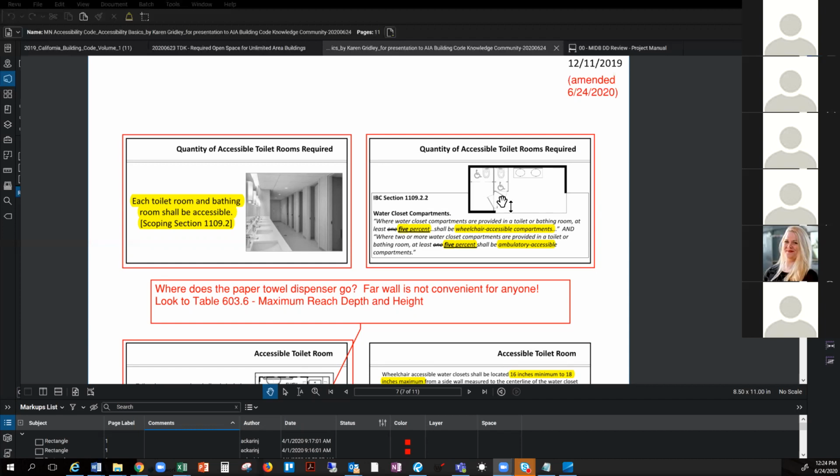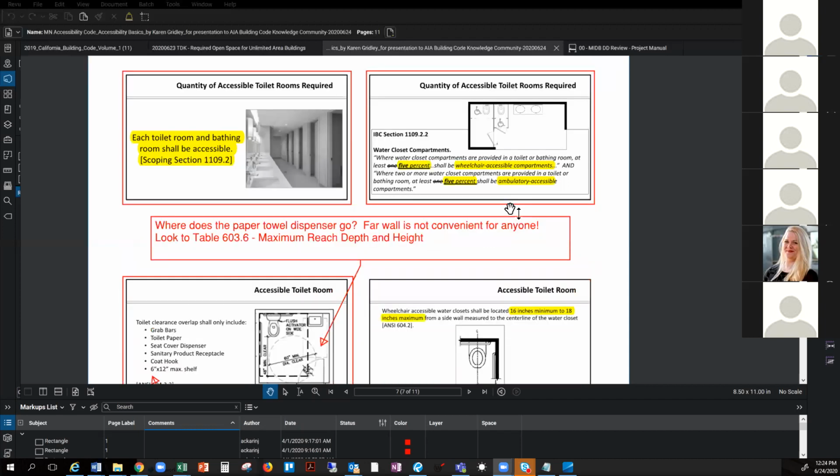But now we would need to make that second stall ambulatory. So know that the 20% rule may apply to you, especially in existing conditions when you're doing remodeling.